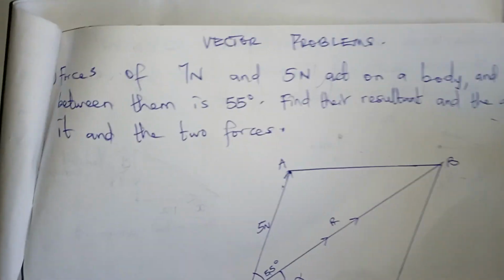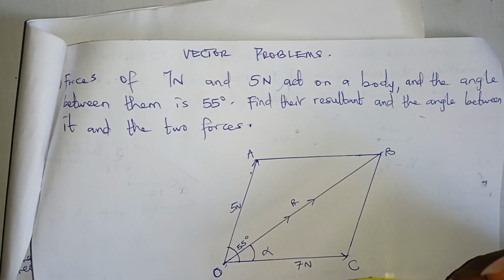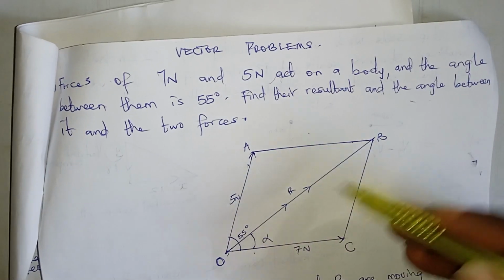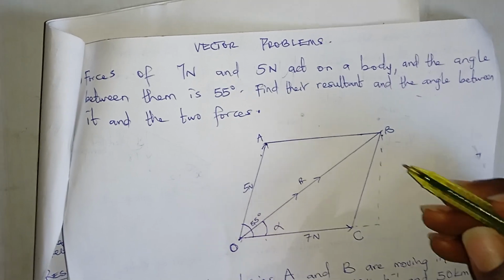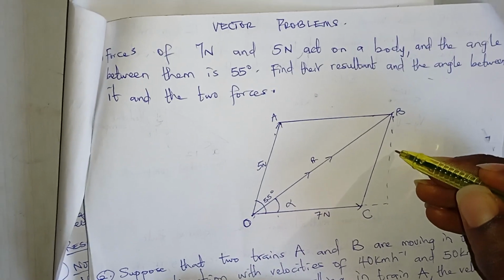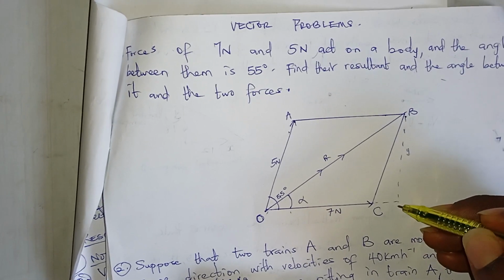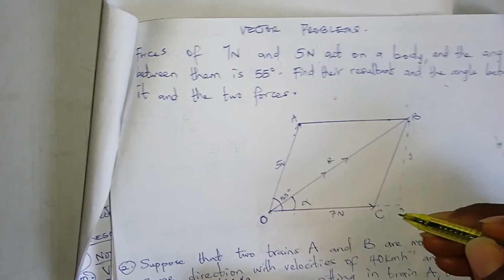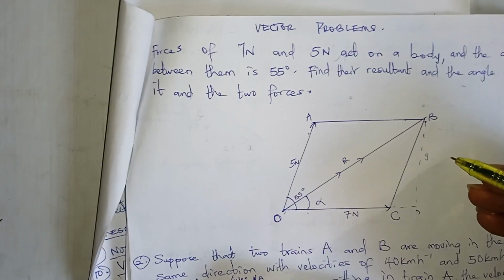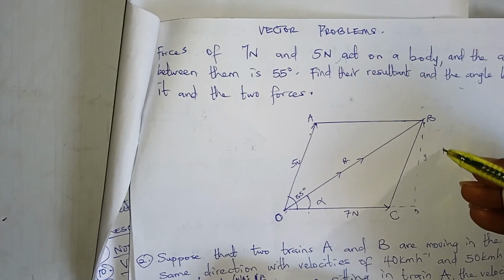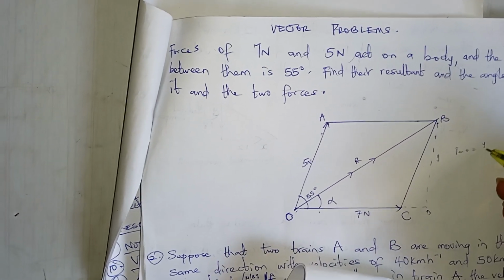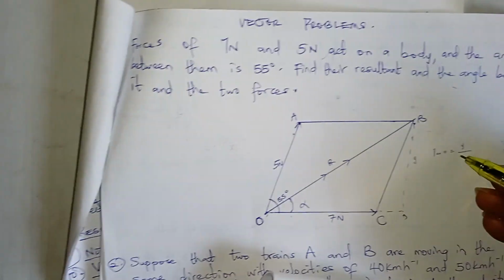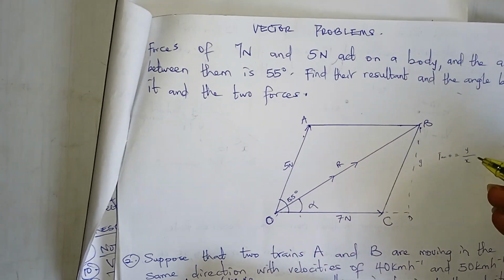The question said find the resultant and the angle between it and the two forces. The angle between it and the two forces is in such a way that, watch, there's an invisible angle here, so that this becomes our y, and this becomes our x, let's say I call this one d. So this becomes our formula, which is tan theta equals y all over x, and in this case x is always cos.